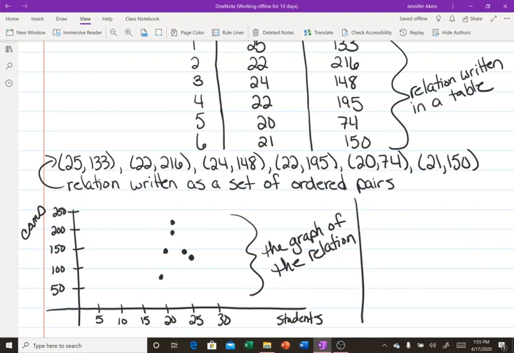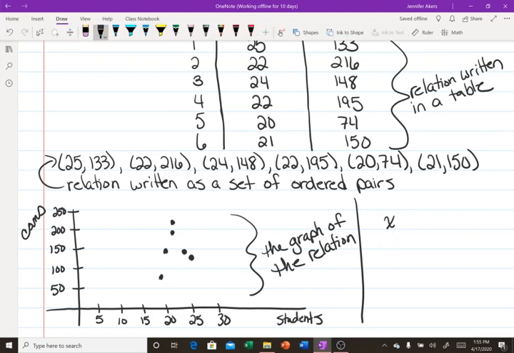Then a mapping is where you take your x's and you list them from least to greatest, and you only do each number once. So I have 22. Oh, nope, sorry. 22 is not my least, and I knew that. I have 20, 21, 22, 24, and 25.